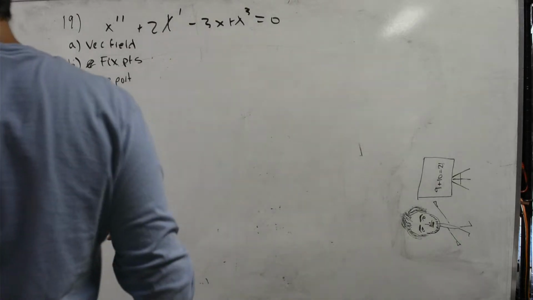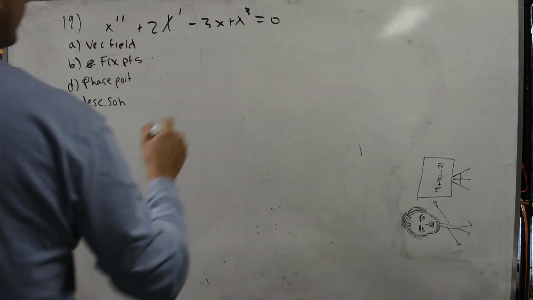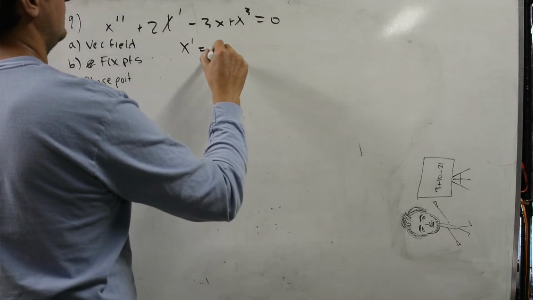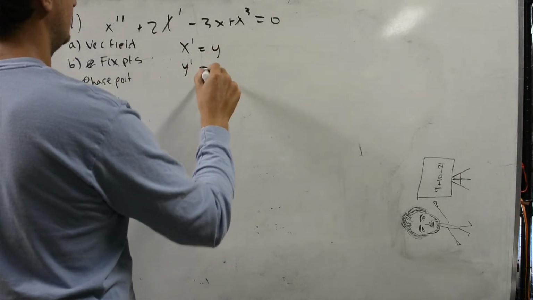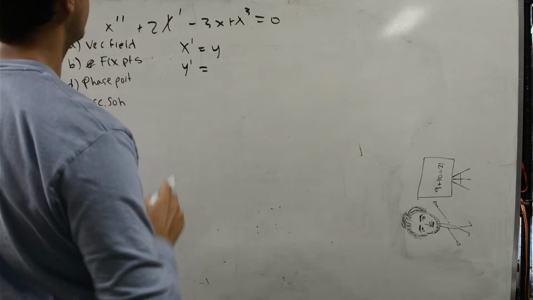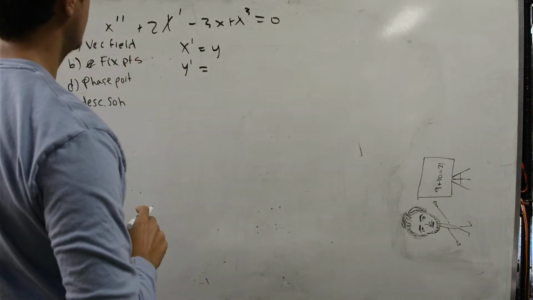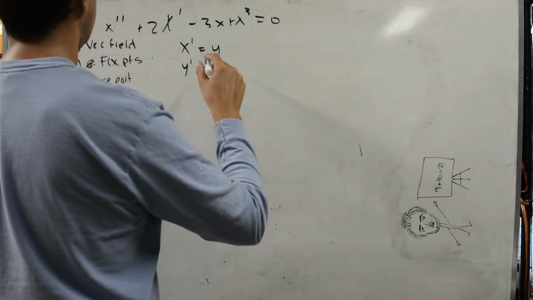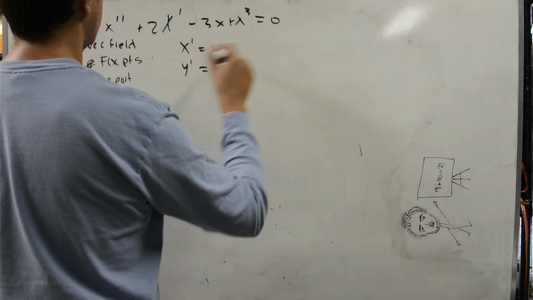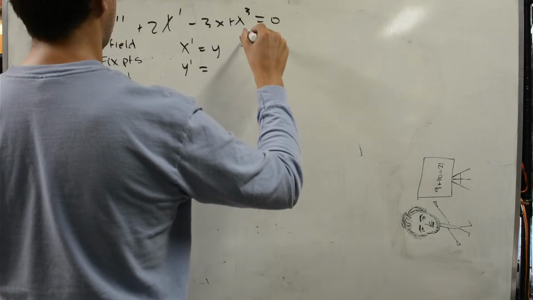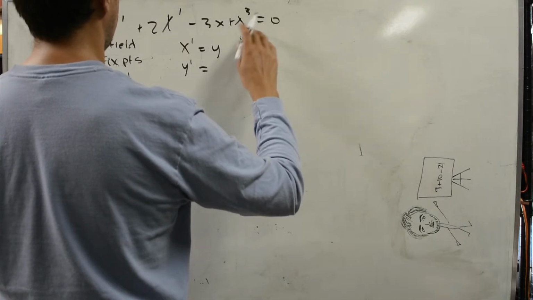All right. So what do we got here? Let's just say x prime equals y, y prime equals, now this is weird. So what this turns into is y prime, wait.